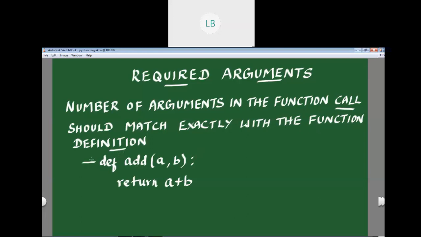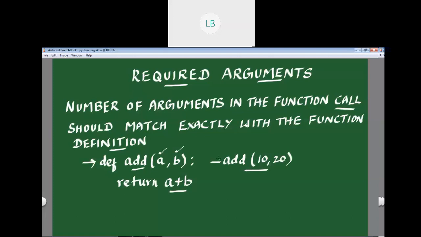Here is an example for a function definition. The name of the function is add. We have two parameters. The function is going to return the value a plus b. For example, if we have a function call statement like add(10, 20), this is the function call statement.